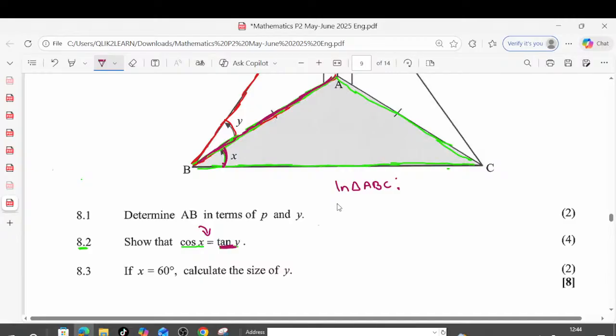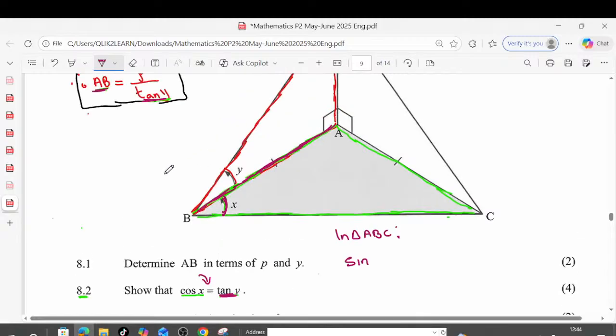I really need that angle. So on top I'll have the sine. Let me start by bringing B. Let's bring the AB first.